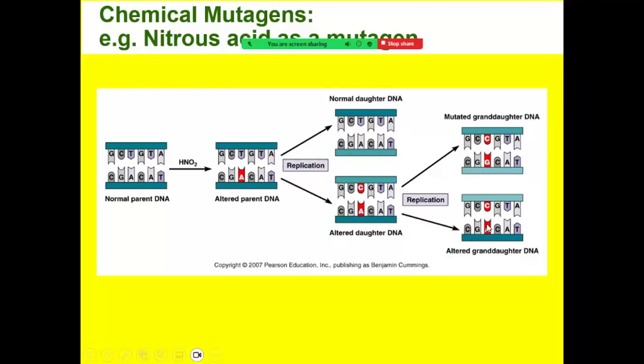Obviously, this can continue this way, although it's possible the cell can recognize this A is mutated and pull it out and correct it.